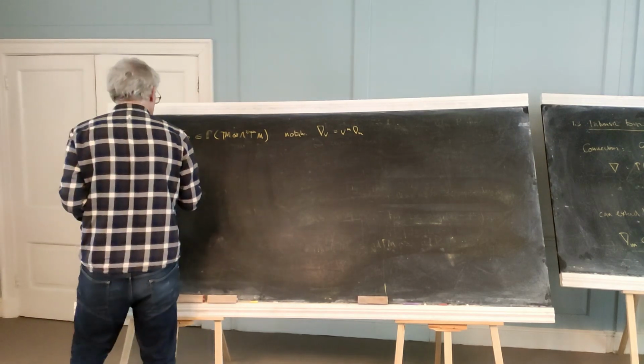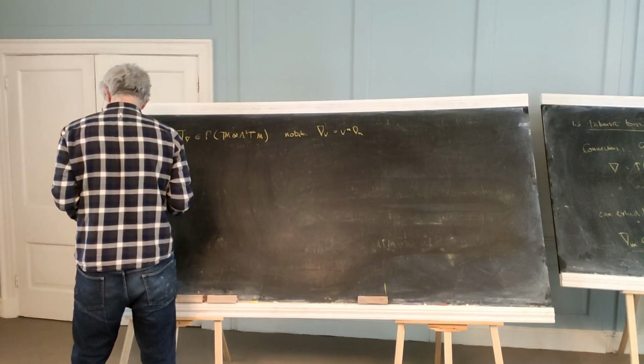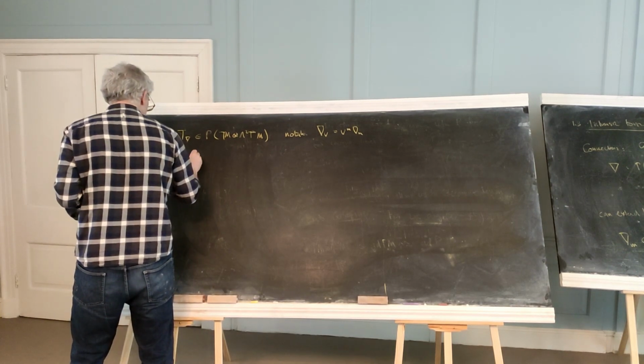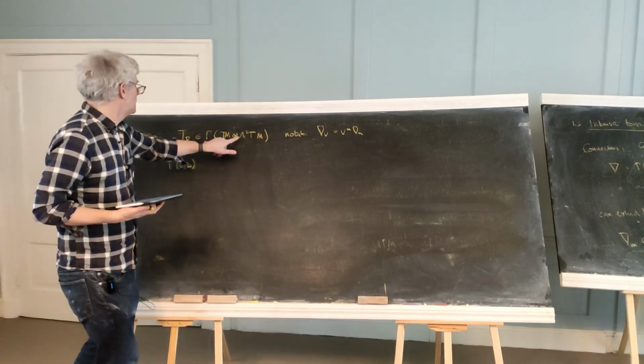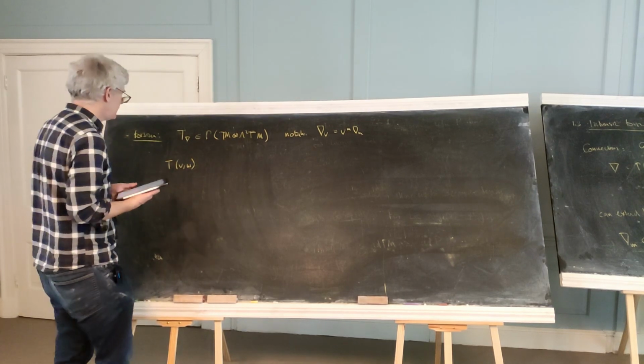For the torsion, we define it as a function of two vectors. I contract the vectors in here, so it should be a vector.